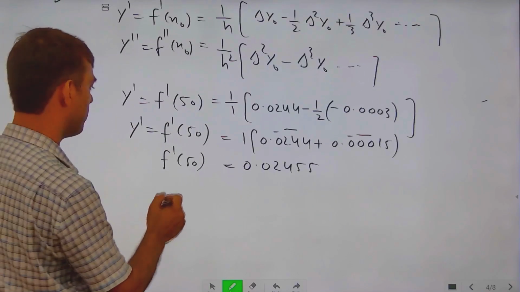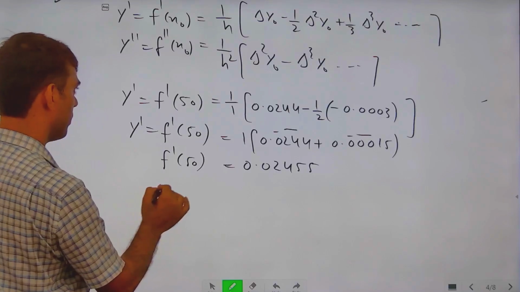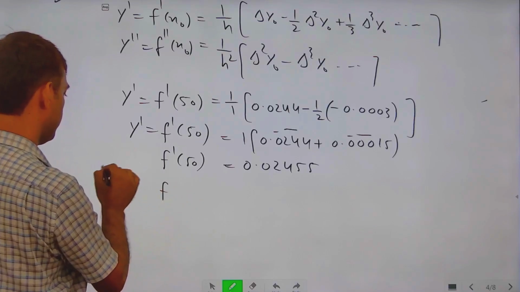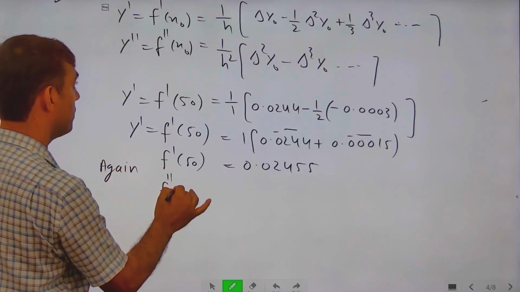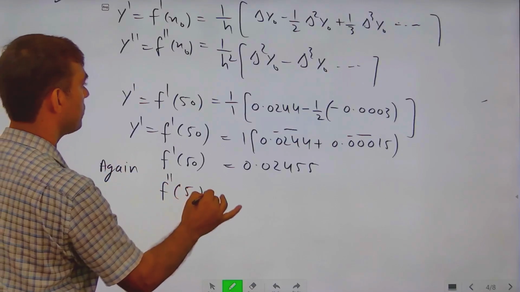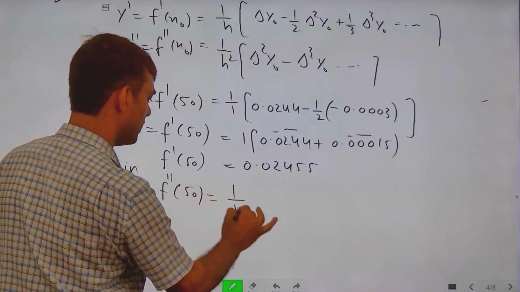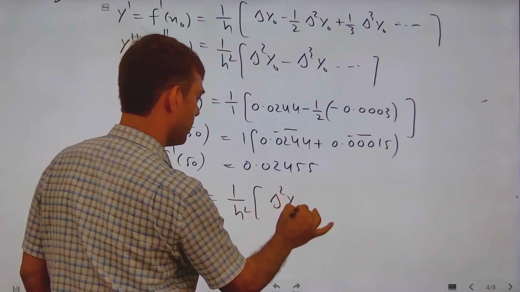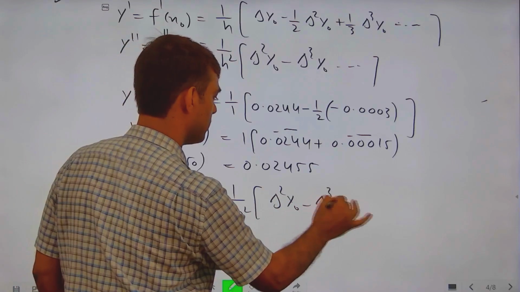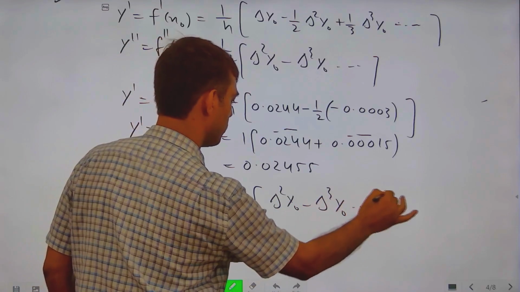Then what is the f double dash 50? F double dash 50 becomes 1 upon h square, del 2y0 minus del 3y0 and so on.